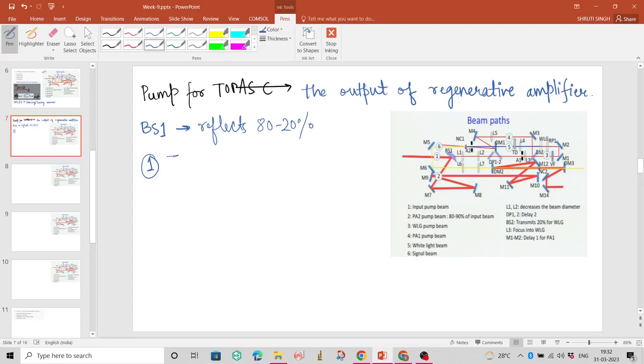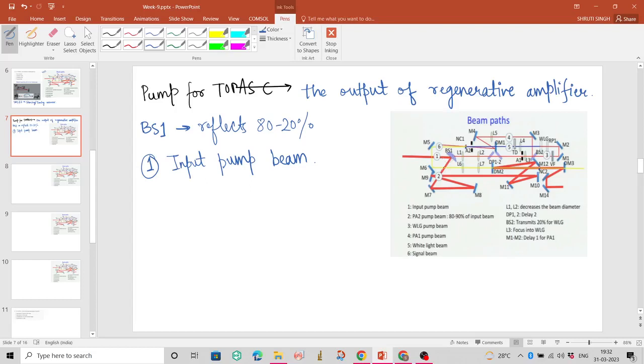This one is the input beam, which is our pump beam, right? Input pump beam. And from where did this input pump beam come? It came from the output of the regenerative amplifier. So after this pump beam hits the BS1, it's a beam splitter, it will split the beam in two parts.